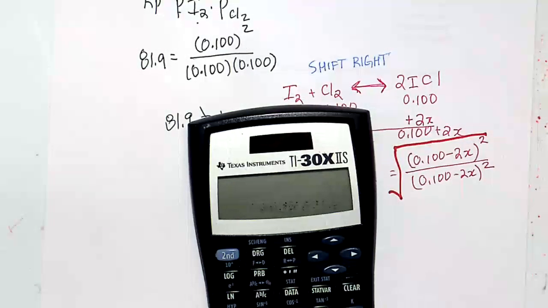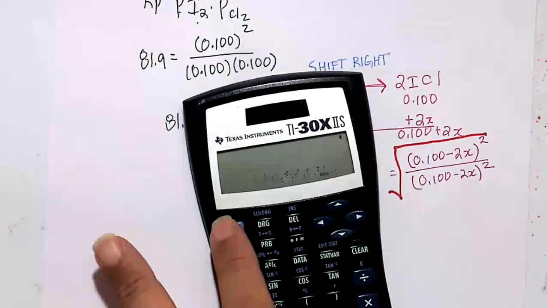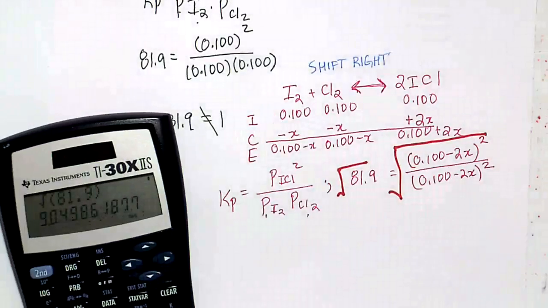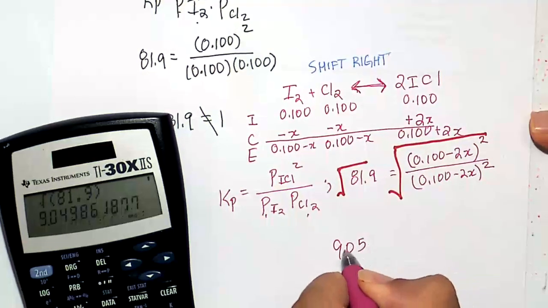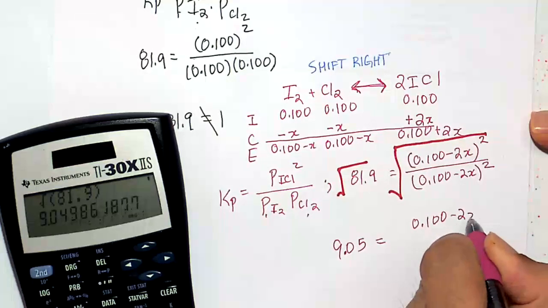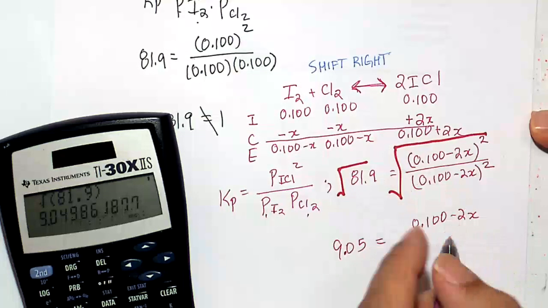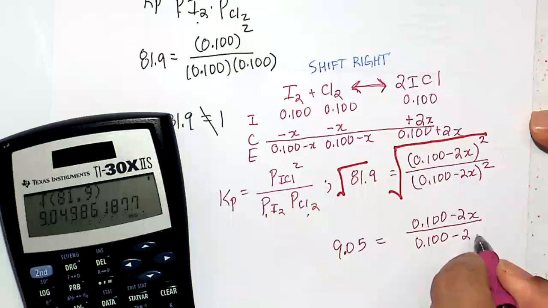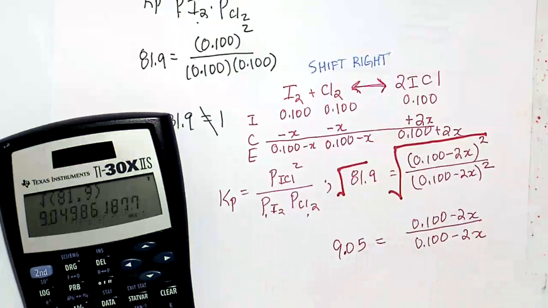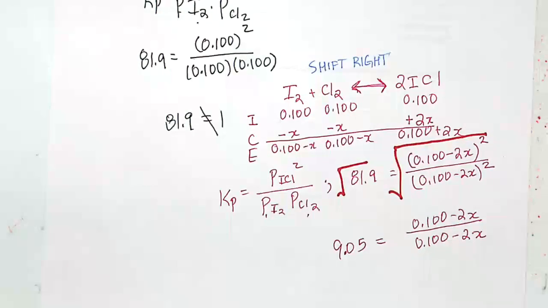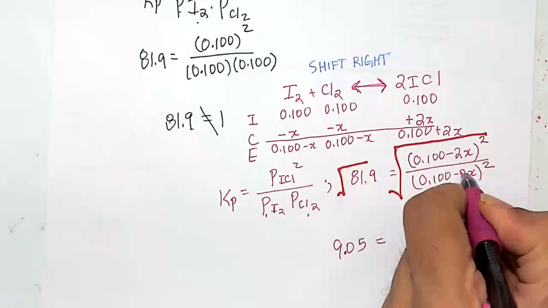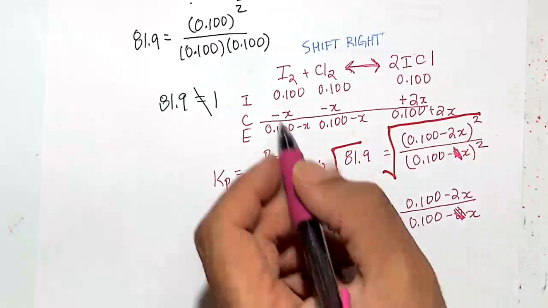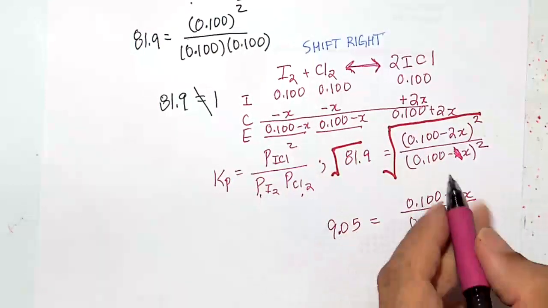The square root of 81.9 is probably 9 something, if I were to guess. 9.05, something like that. 9.05 equals 0.100 plus 2x over 0.100 minus x, because the square root of the square cancels on both sides. I'm sorry, this is 0.100 minus x.